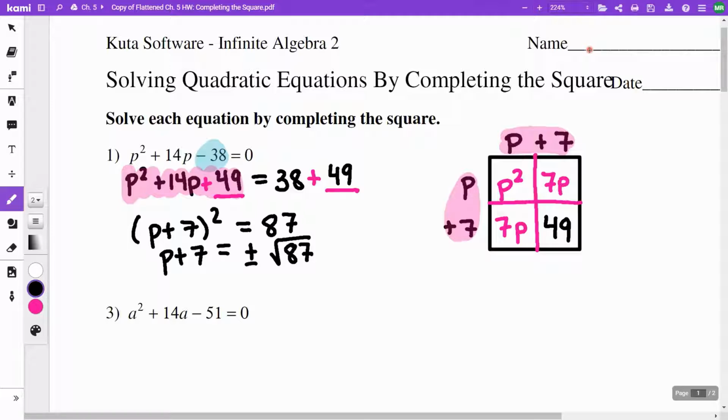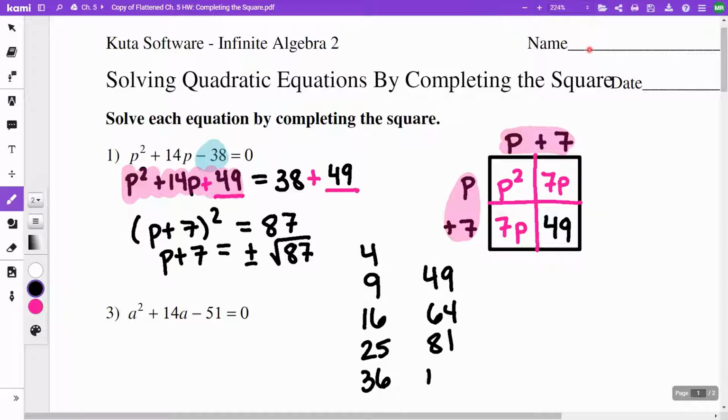Now, if you can simplify the square root of 87, you want to. I know 87 is not a perfect square, but is there any square that goes into 87 as a factor? If I'm thinking about my squares, 4 is a square, 9 is a square, neither one of those goes into it. 16, no. 5 squared, 25, no. 6 squared, 36, no. 7 squared, 49, no. And 8 squared, 64, no. And once I get to 9 squared, we get an 81.